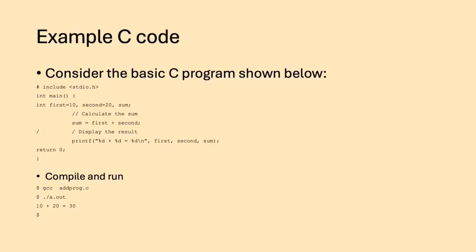As an aside, an alternative to the GNU compiler collection, which is known as GCC, is Clang, which can be installed under Ubuntu-derived Linux systems by the command sudo apt install -y clang. Enter the C code shown, and then compile it with GCC.